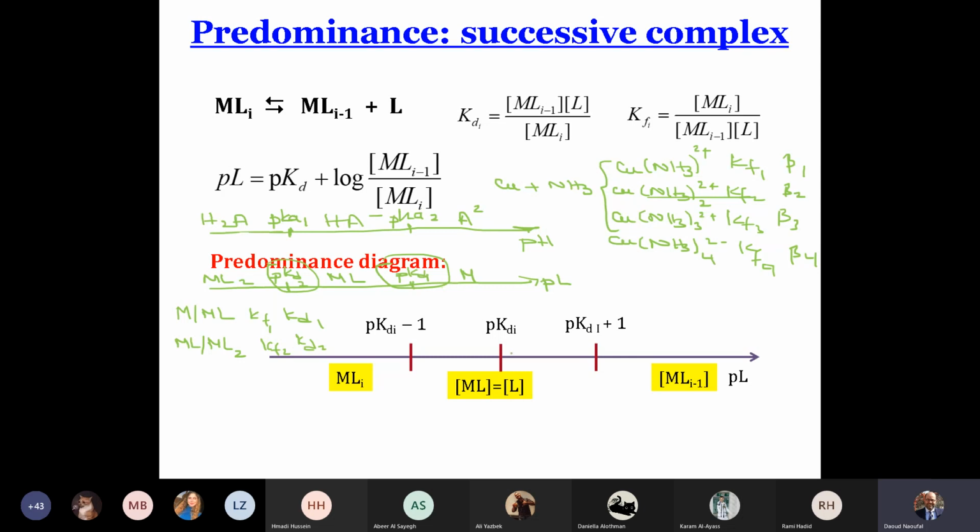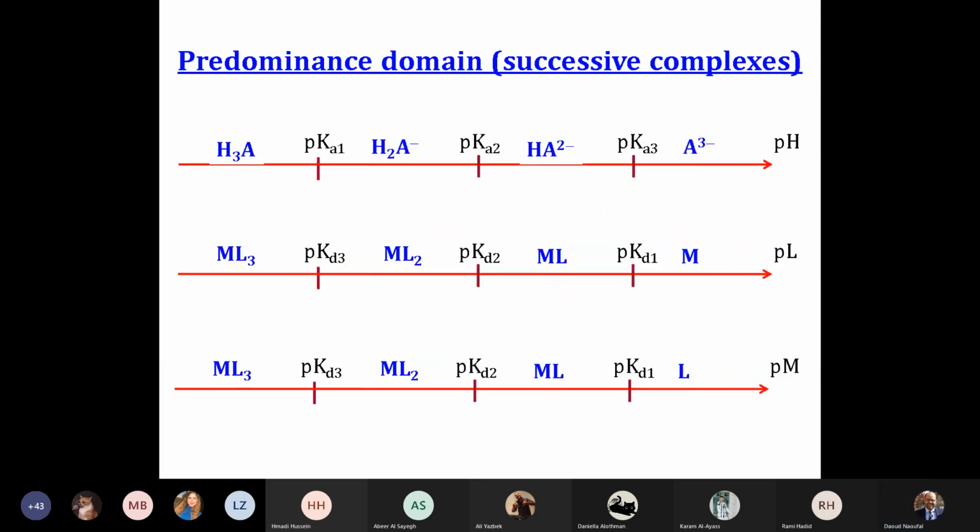Ml is Kf1, yes. This is Ml, so pKd1. And this is Ml and Ml2. So we have the same analogy with the acid base. Suppose I have Ml3.